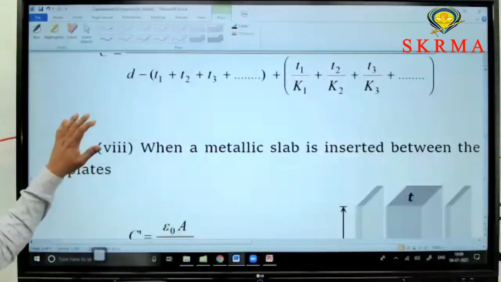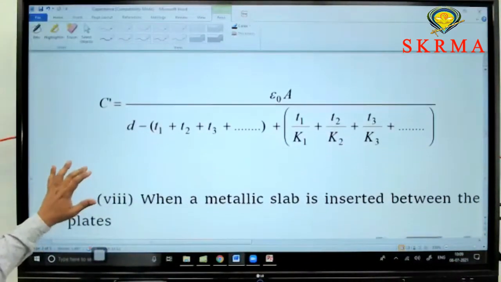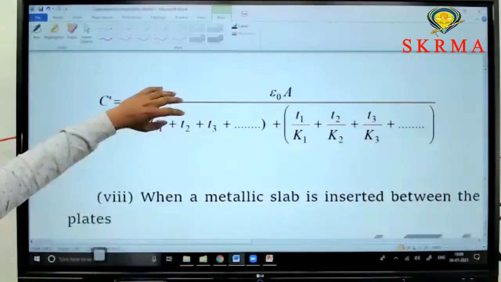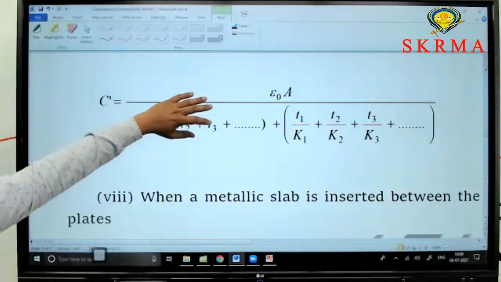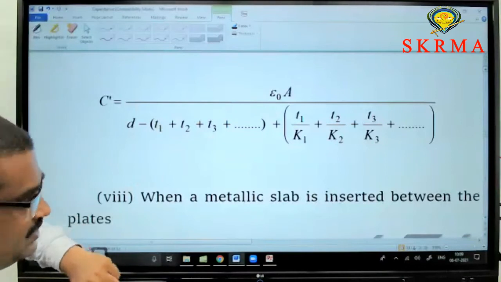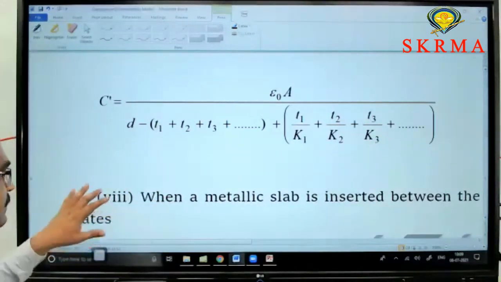So this is the capacitance when it is filled partially or completely with n number of dielectric slabs with different dielectric constants. Next one.